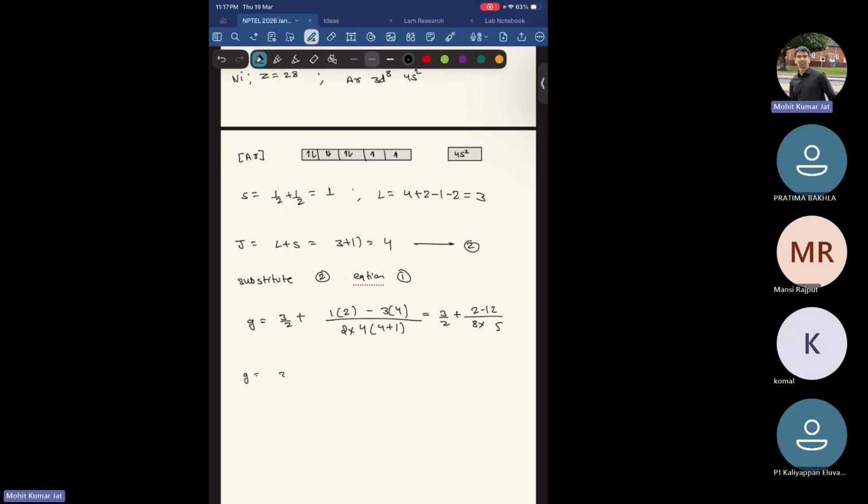So g = 3/2 + 2 - 12/40, which gives us 5/4.